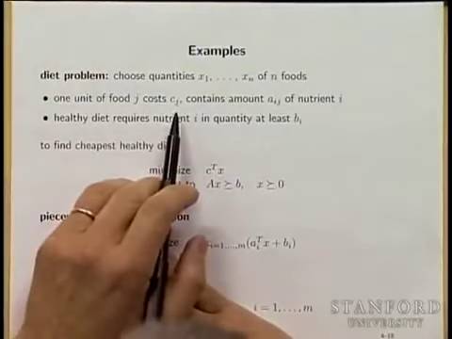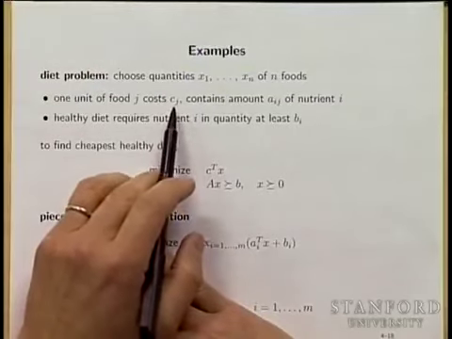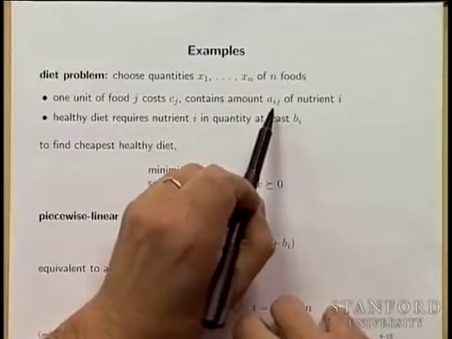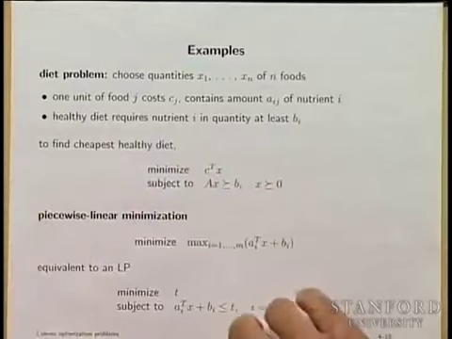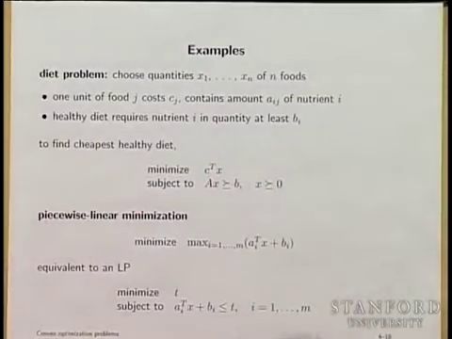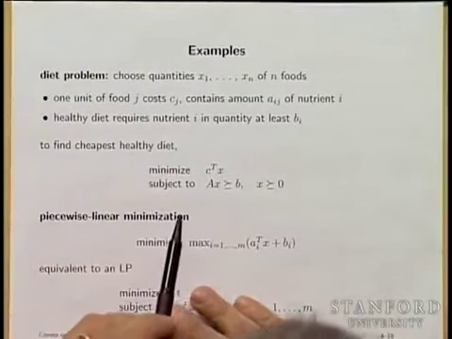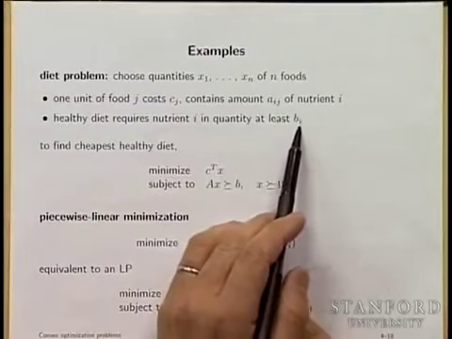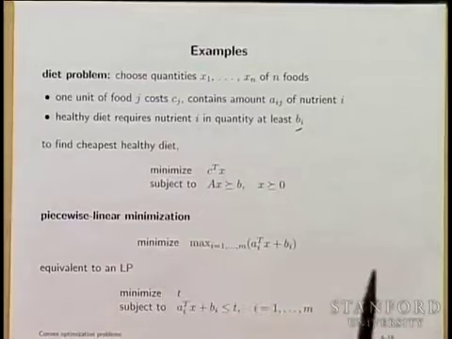But so you're going to feed some people some amounts of food. One unit of food costs, you have these costs, which are c_j. And each one contains a_ij of some nutrient. That's like, whatever, 10 grams of the food or whatever a unit is here. And a healthy diet requires at least b_i units of some nutrient.